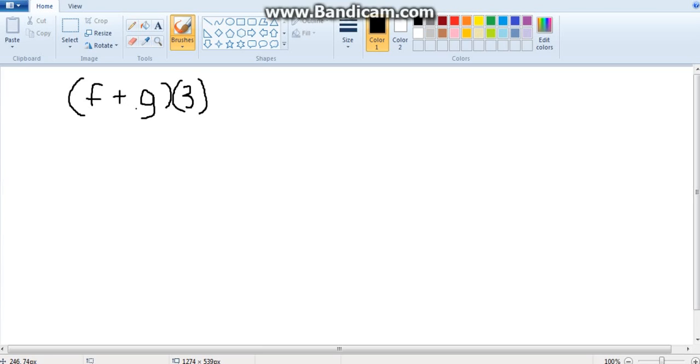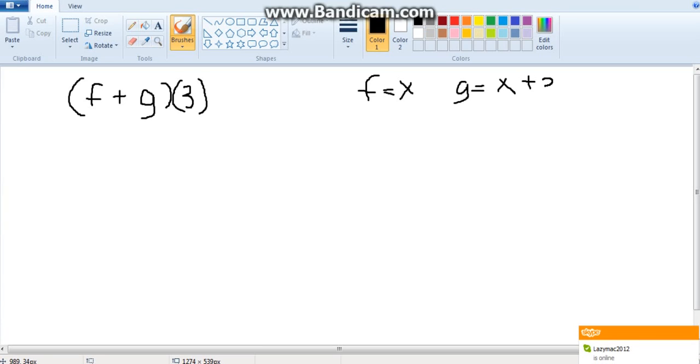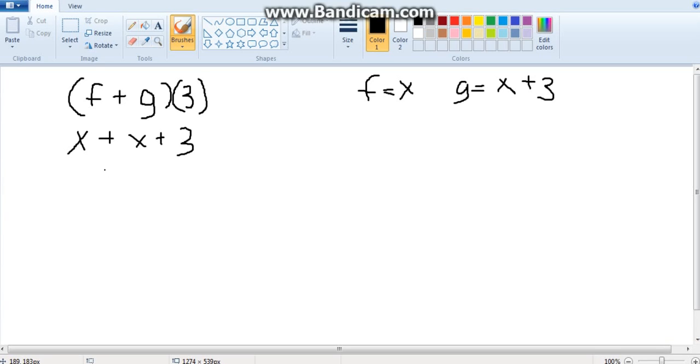So we have f plus g of 3. Let's do something easy: f equals x, and g equals x plus 3. Now, this is really simple. You probably won't see this on a test, but it's just for an example. So x plus x plus 3. Then you simplify this, and that is 2x plus 3.